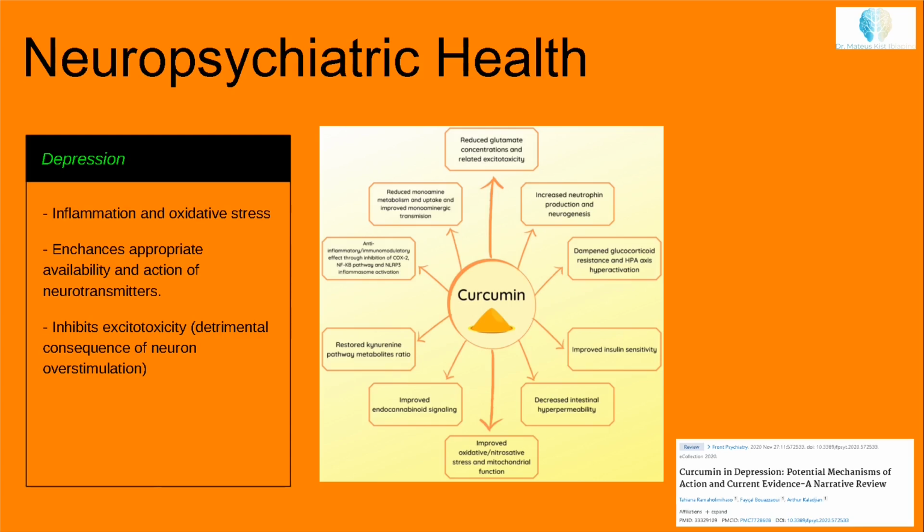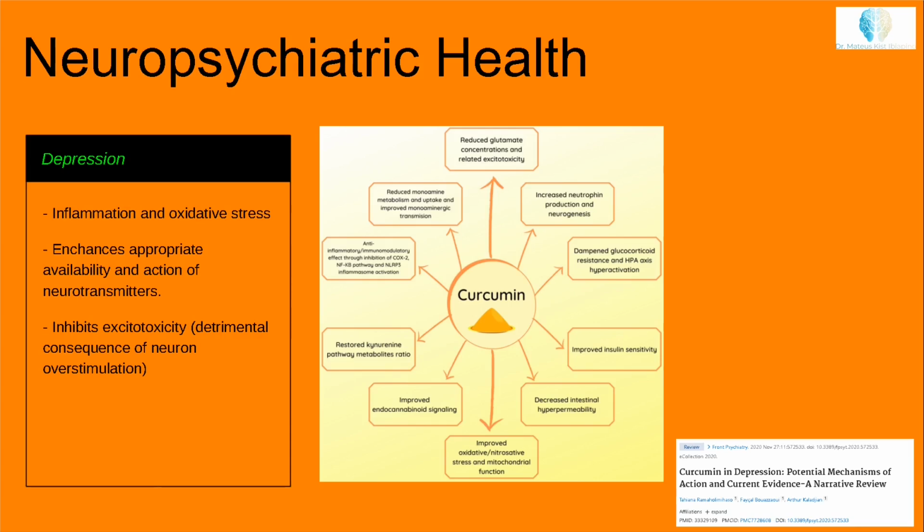We now know that there is neuroinflammation going on, that there is oxidative stress going on, we know that there are problems regarding the expression of DNA, excitotoxicity, among many other pathological mechanisms.